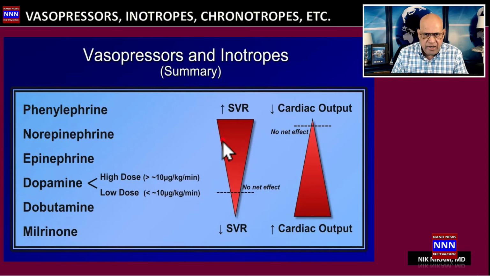Hence, understanding the underlying pathophysiology is of great significance in choosing the drugs or a combination of drugs in patients with shock to optimize their blood pressure, to optimize their peripheral circulation, to optimize their urine output, and minimize any pulmonary complications.